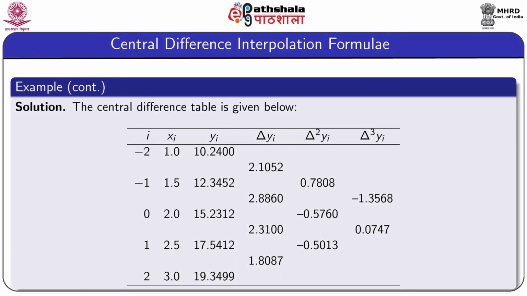For this table of values, we construct a central difference table, given below. The first column represents the indices of the arguments, the second column represents the values of x, that means the arguments, the third column contains the values of y, the fourth column contains the first order central differences, the next column represents the second order central differences and so on.